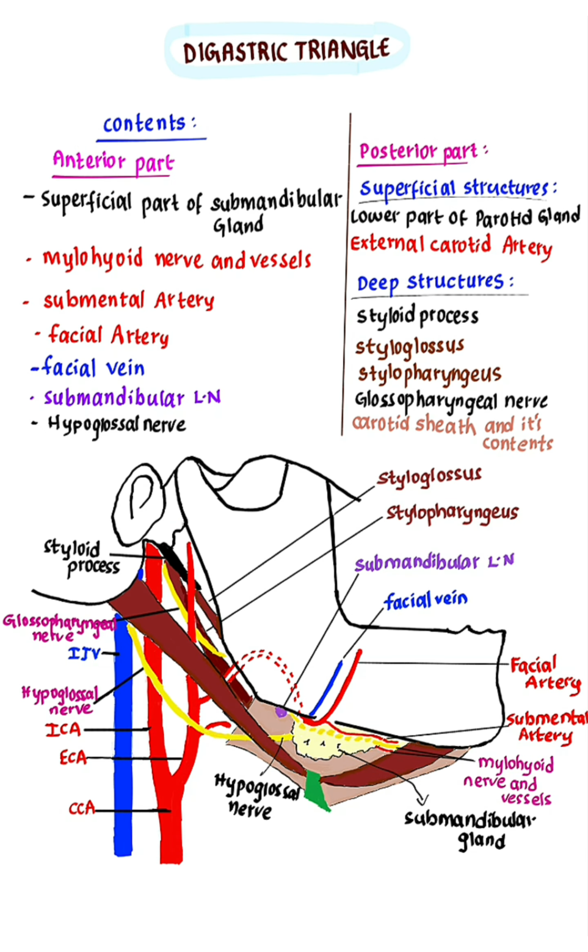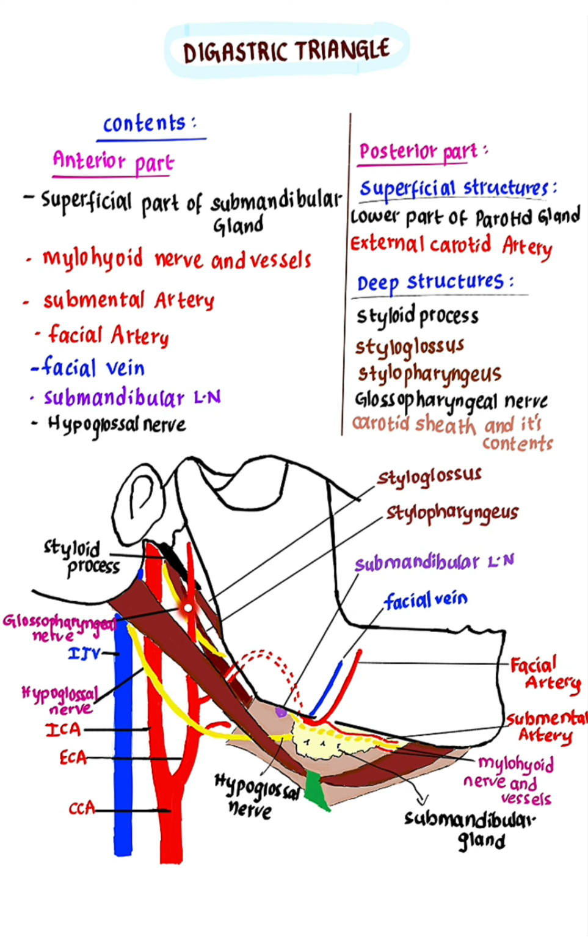Contents of the digastric triangle. The digastric triangle is divided into anterior part and posterior part by stylomandibular ligament. Contents in the anterior part of the triangle are superficial part of the submandibular gland, mylohyoid nerves and vessels, submental artery, facial vein, submandibular lymph nodes, and hypoglossal nerve.